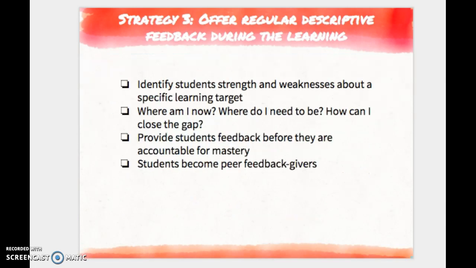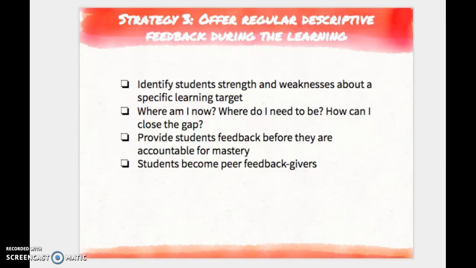The third strategy, which is to offer regular descriptive feedback during the learning. This is something that I feel happens in my classroom, but mostly in some small group situations or in one-on-one instruction when it's immediate feedback rather than waiting a little bit of time.